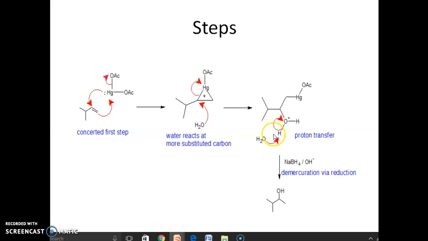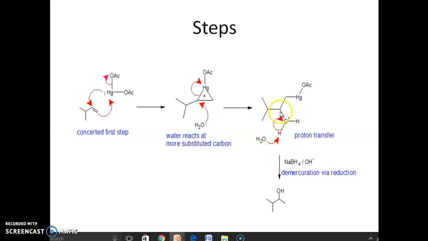When the water molecule is added, the proton from the adduct formed during the second step is transferred to the solvent water.